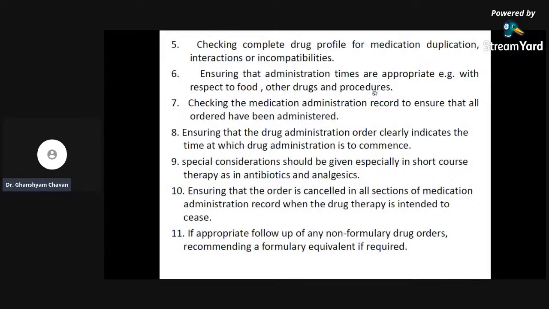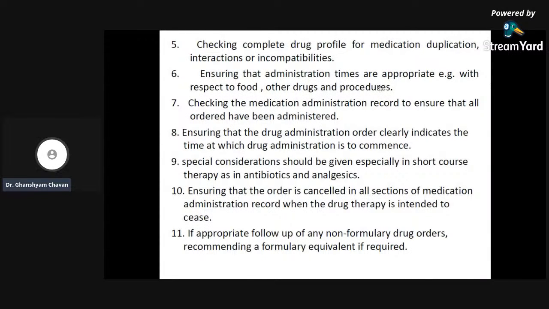Now here, when we are giving an order for any drug, we should ensure that the drug is given at the appropriate time, for example in the morning.